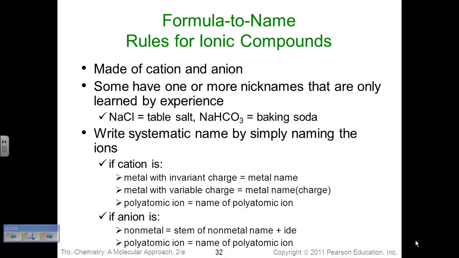Sometimes they'll lose one electron and be a +1. Yet if they rearrange and hook to something else, they could be a +2. Sometimes they're a +3. Heck, sometimes they can be a +4, depending upon the most stable arrangement of the nonmetals that they're hooking to. If the metal has a variable charge, we have to name the metal, and by using a Roman numeral, we'll name the charge that it carries.